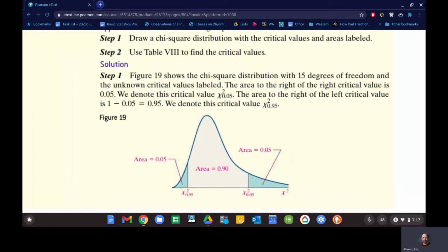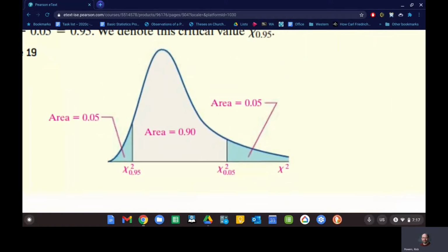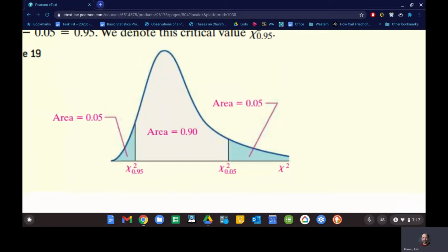If we're looking to the right, then it just works, and it's labeled chi-squared 0.05, which is 5% to the right. But if I want 5% area to the left, unfortunately, they don't label it as the left 5%. They label it as 0.95. What that actually means is 5% to the left.